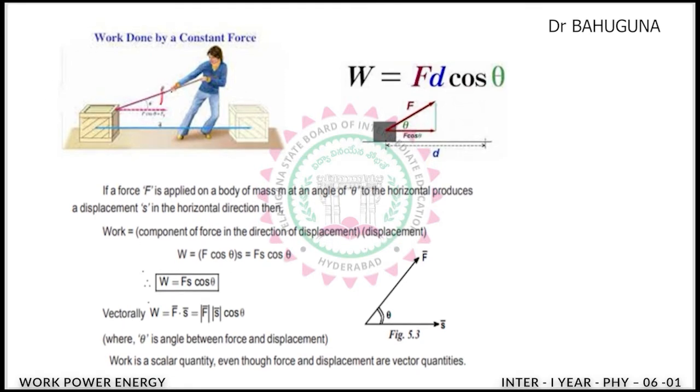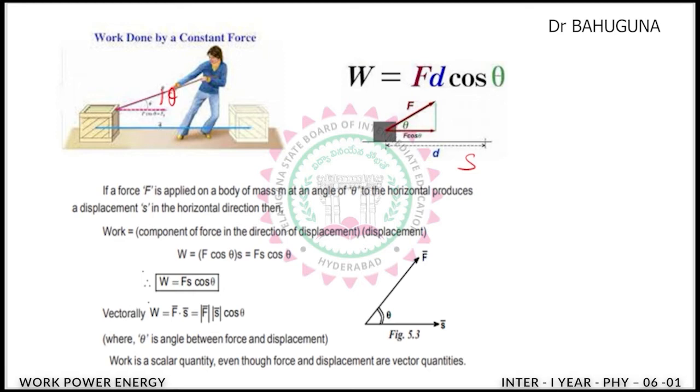Work done is equal to force into displacement into cos theta, where theta is the angle between force and displacement, or we can say work done is equal to the component of force in the direction of displacement times the displacement.